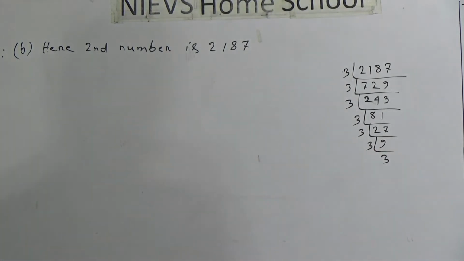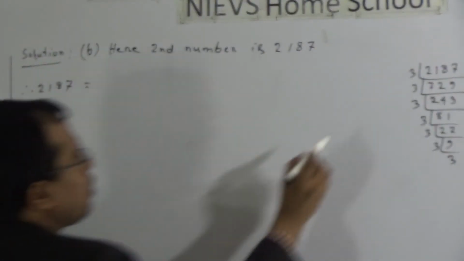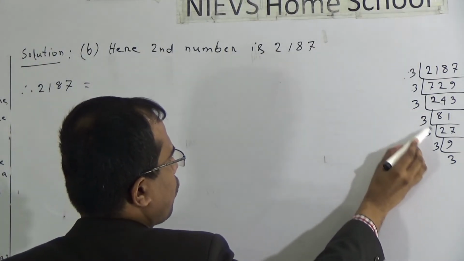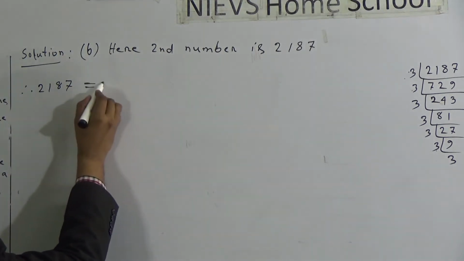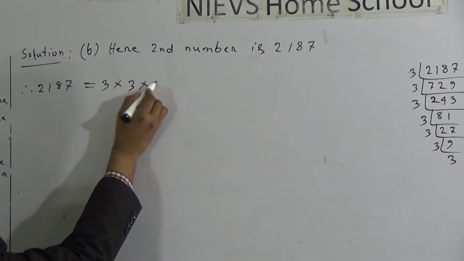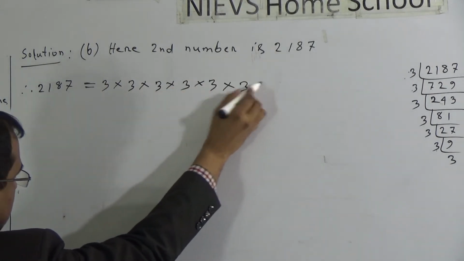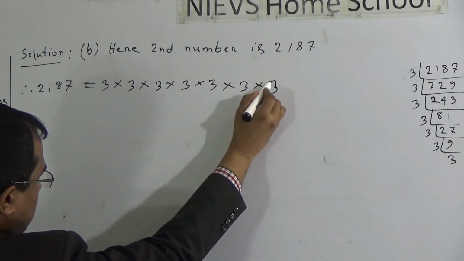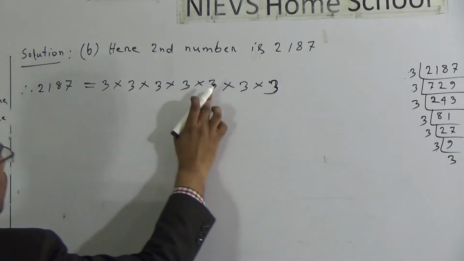That means we can write therefore 2187 is equal to how many 3s? 1, 2, 3, 4, 5, 6, 7. 7 3s. 3 multiplication 3 multiplication 3 multiplication 3 multiplication 3 multiplication 3. How many 3s have I written here? 1, 2, 3, 4, 5, 6, 7.